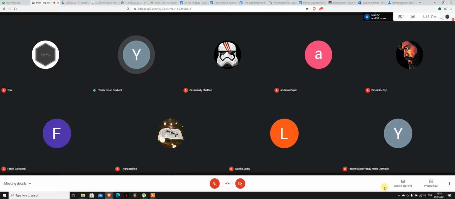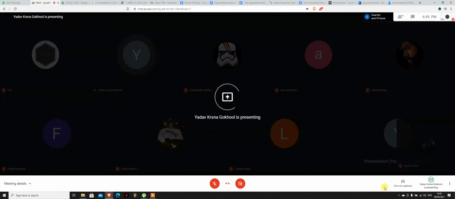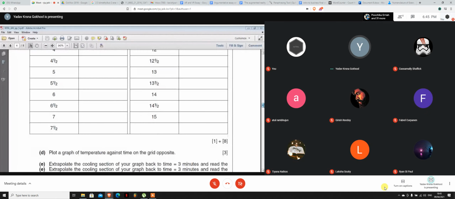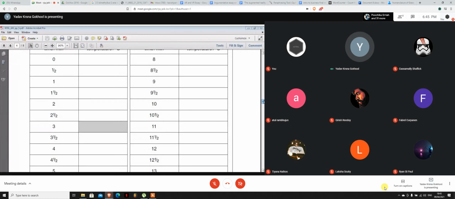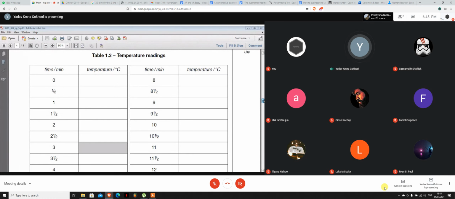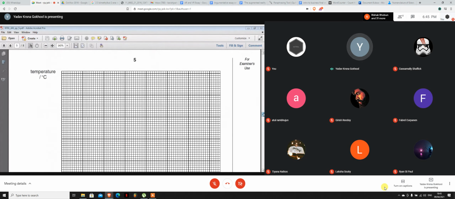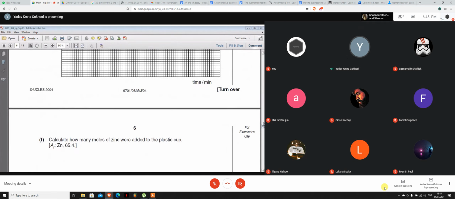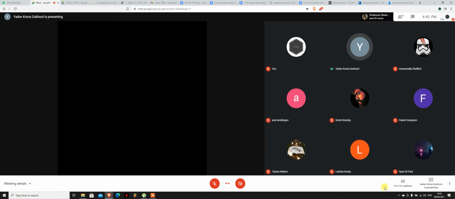I forgot about that, so I will attach it afterwards. Here this will be your table. This is the table that you should have produced in exams if you are asked for the table, and the graph would be temperature against time.